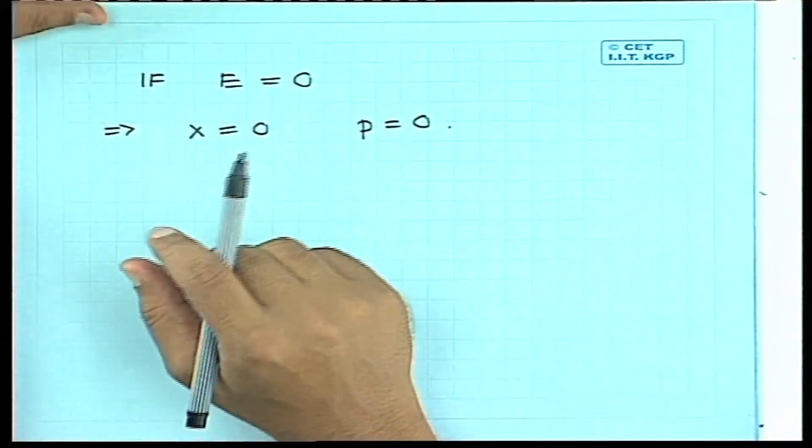But we have seen that you cannot determine both x and p with arbitrary precision. There has to be some uncertainty between the two.